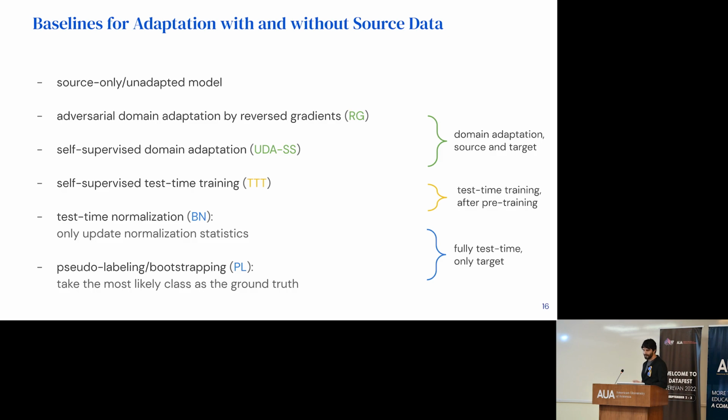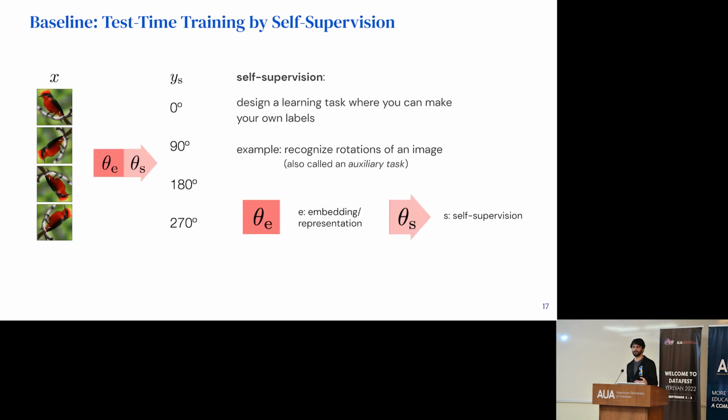So I mentioned test time training. It also updates during testing. How does this work? Rather than using entropy, which is kind of built into our model, because it has to make predictions, so we can measure those, you could try to add a separate task. Self-supervision is when we design some learning task where we can make our own labels. I'm showing an example here on the left.